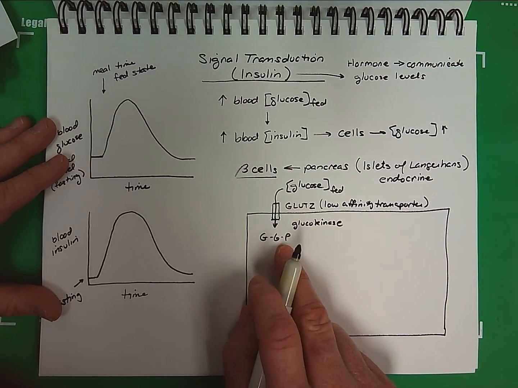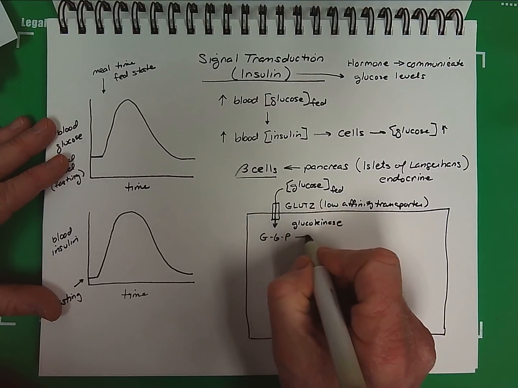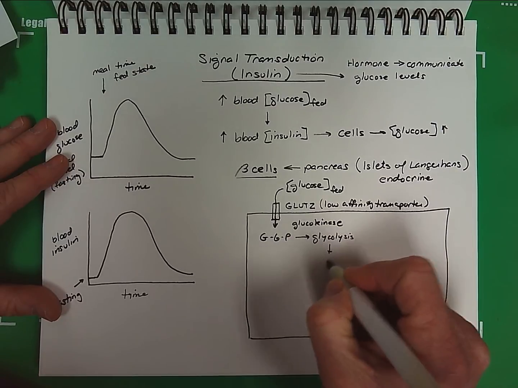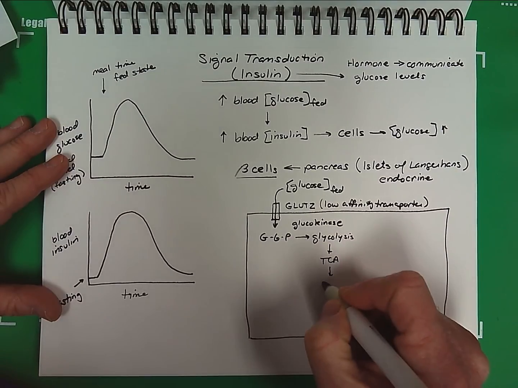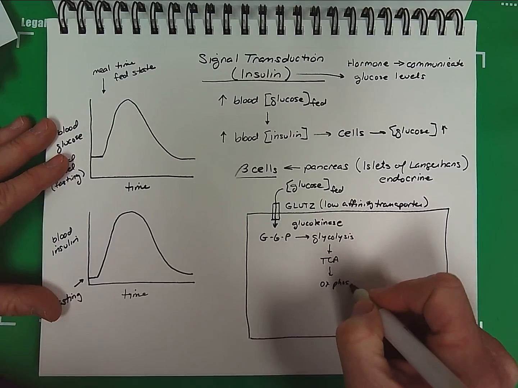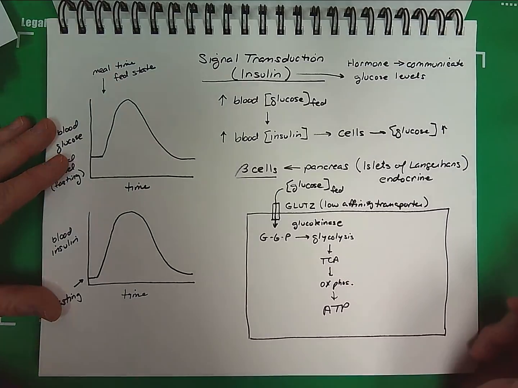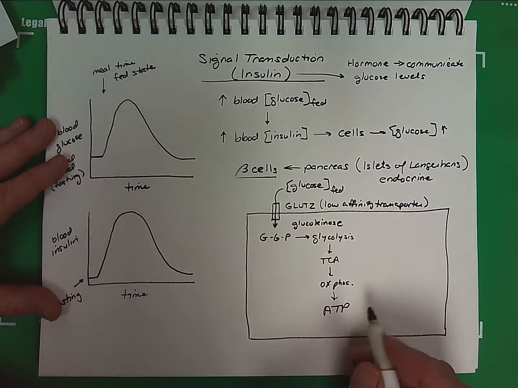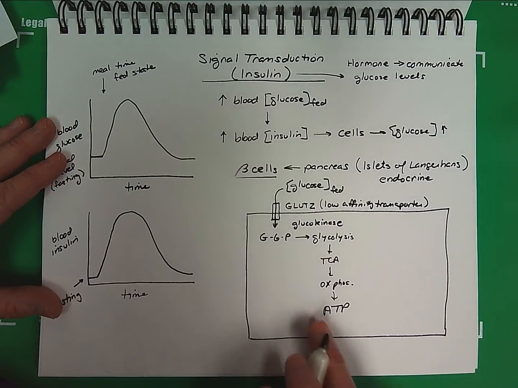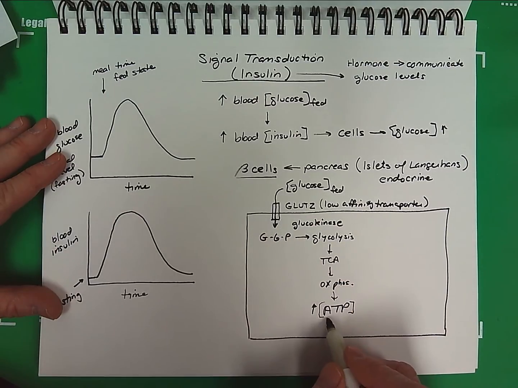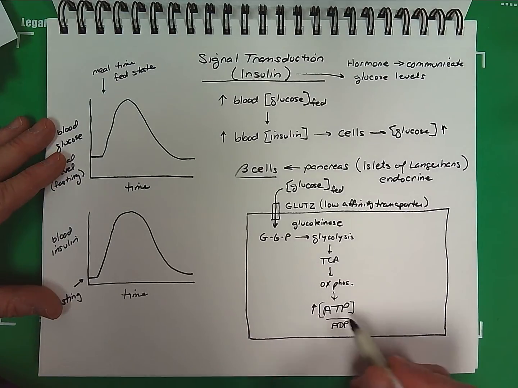Once we have our glucose 6-phosphate in the cell, this will be processed by glycolysis, the TCA cycle, oxidative phosphorylation, and the end product that we are generating is a large amount of ATP from the oxidation of glucose. Now, if we look at the concentration of ATP, its concentration rises dramatically in the cell due to the oxidation of glucose. If we look at the ratio of ATP to ADP, we see this is a very high ratio.